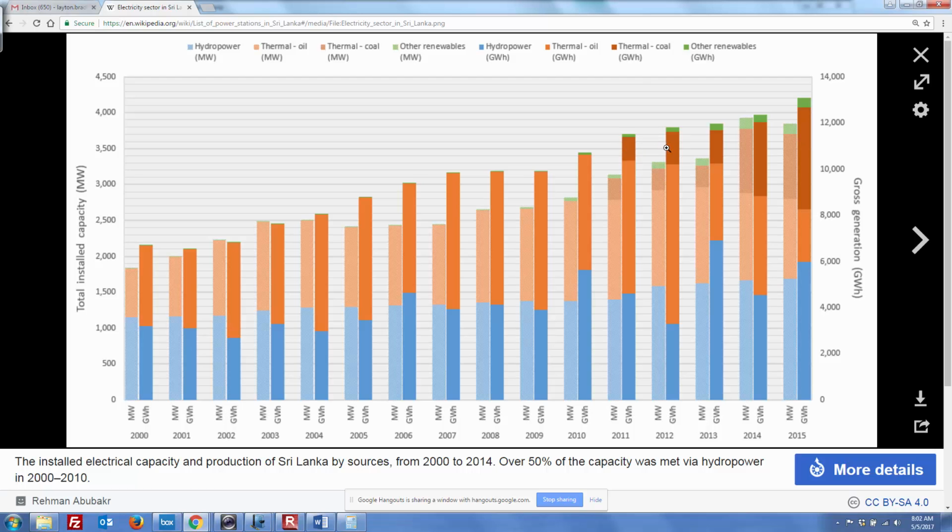I'm also a little bit surprised that coal is growing so much. But this is where we are. We're focusing on the renewables. So all of the green is wind, solar, and biomass.